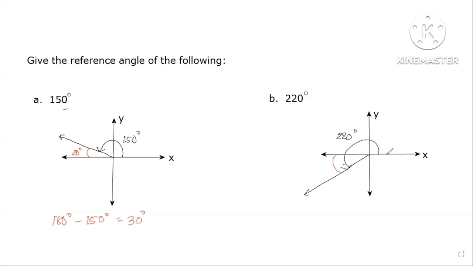Now, to get the measure of that angle, we subtract 180 from 220. Tatanggalin natin yung 180. So, we have 220 degrees minus 180 degrees is equal to 40 degrees. So 40 degrees is the reference angle of 220 degrees. Okay?